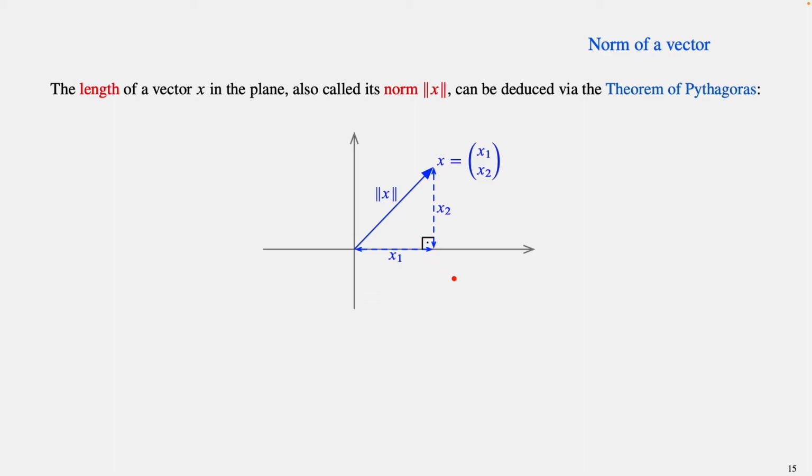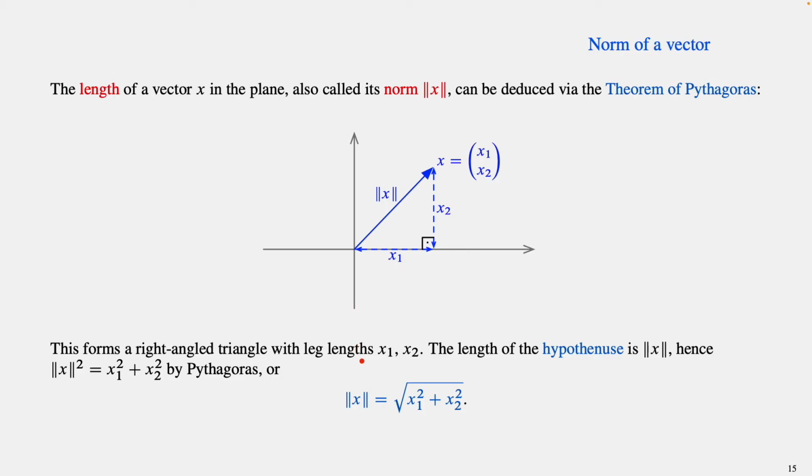And this allows us to deduce a value for the length or the norm of x. So yeah, the leg lengths, as I said, are x1 and x2. And the hypotenuse is the vector x in this triangle. So the length of the hypotenuse is just the norm of x.